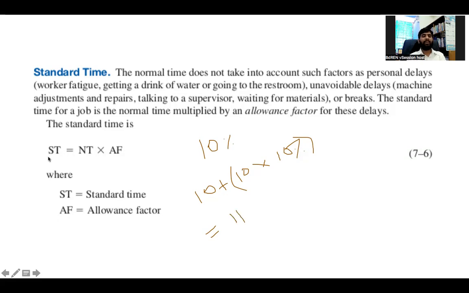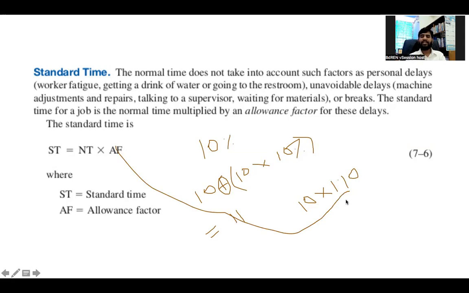Or you can apply this formula. In that case, you cannot apply plus. What you have to do is 10 multiplied by 110%, that is 1.10. 10% allowance means the allowance factor is 1.10.